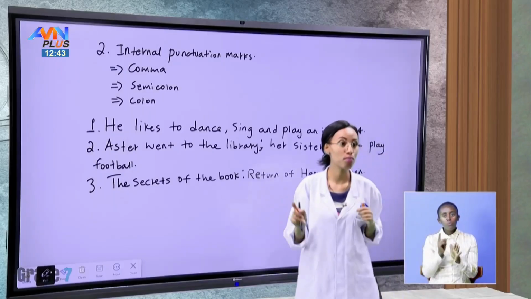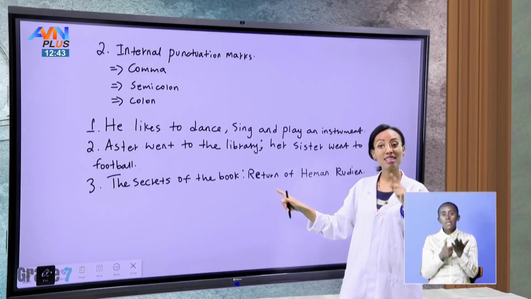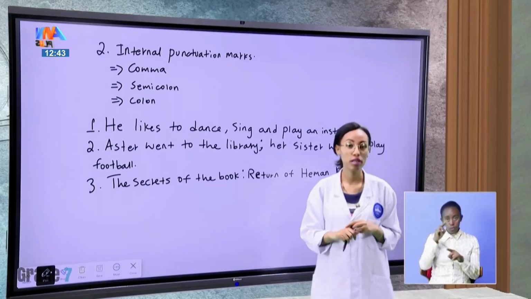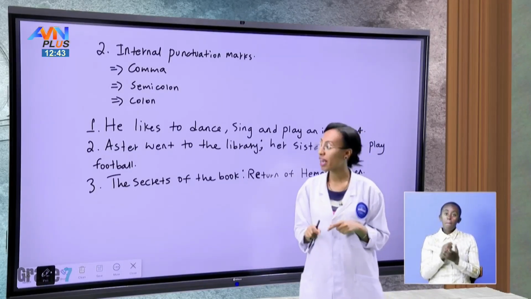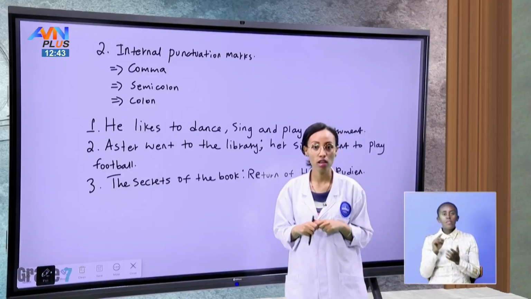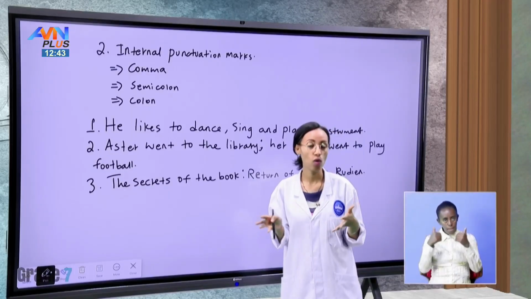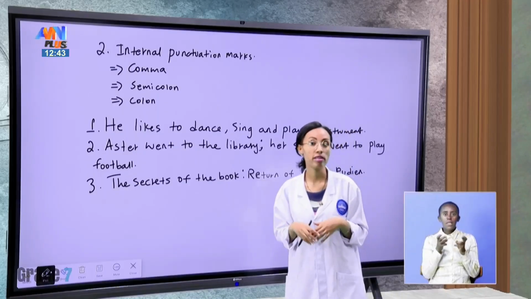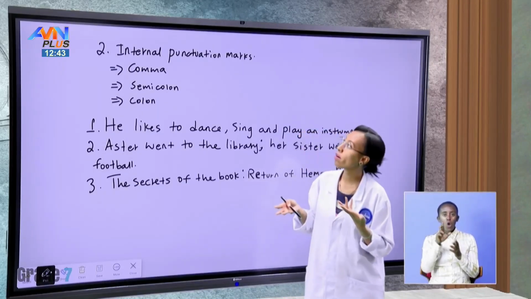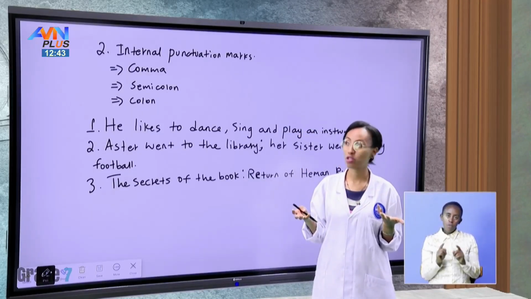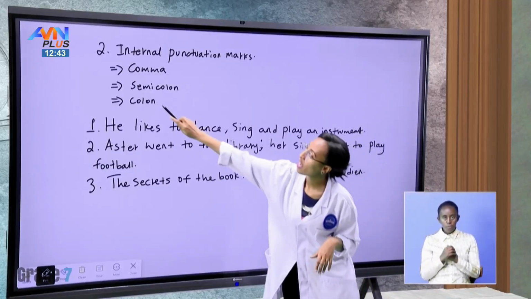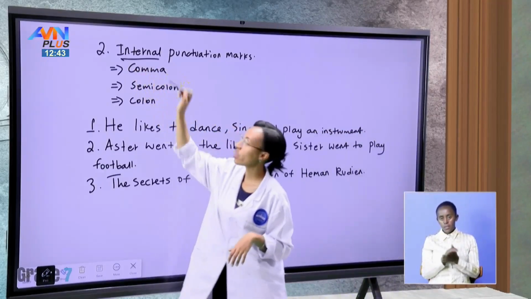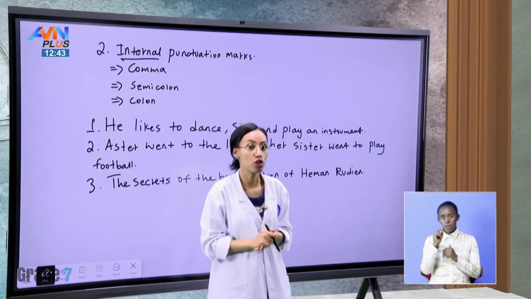A colon in the middle. In this case, this exact book is The Return of Heman Rudian. So we use a colon to show topics, or to separate ratios, or for different situations. And colon is used in the middle of a sentence, so that shows its internal punctuation use.